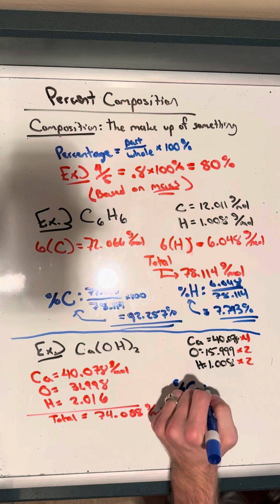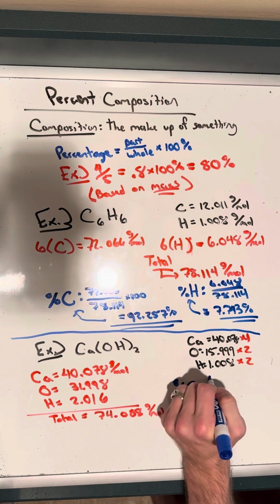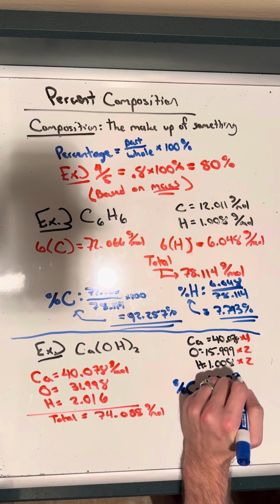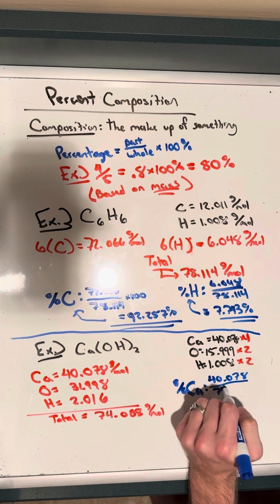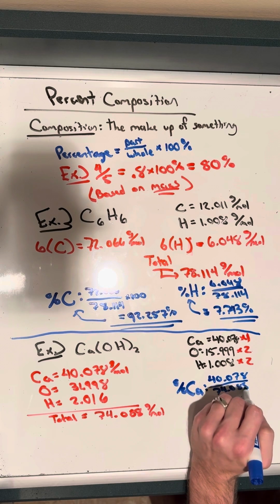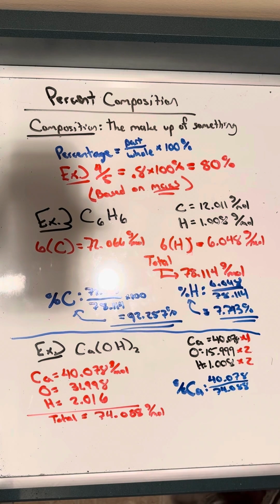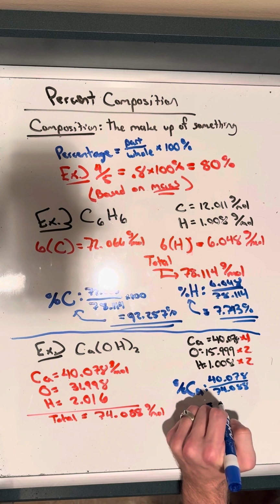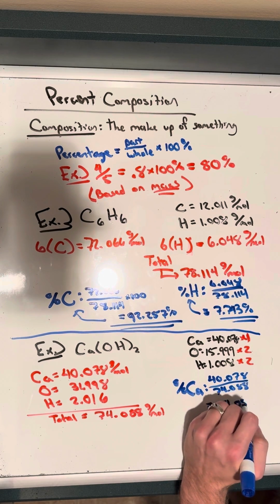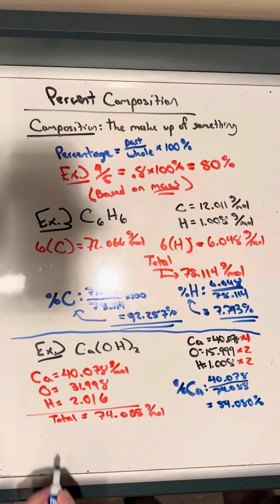Percent calcium is going to be its mass, 40.078, divided by the total, 74.088. And I'm going to take that and multiply it by 100. And this will get me calcium should be equal to 54.080%.